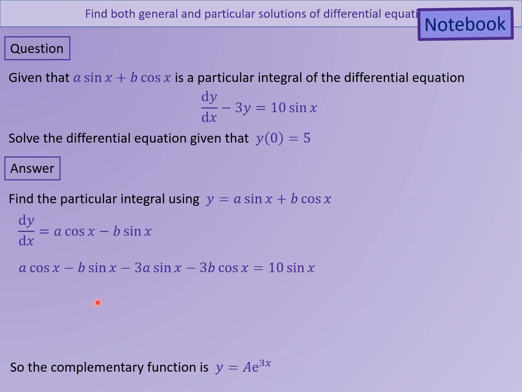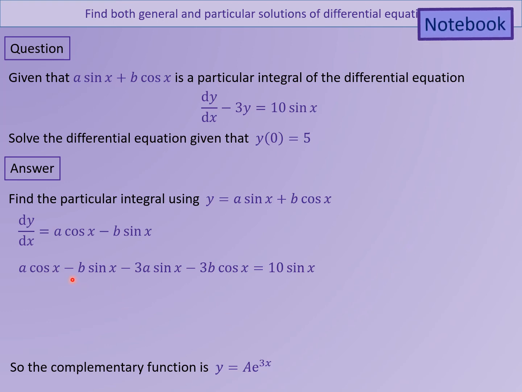So what is my a and my b value? Now, because we're looking at the sines and cosines, what I can do is work out the coefficients of sines and cosines. So I know that, for example, a cos x minus 3b cos x has no cos x's on this side. So in other words, a minus 3b must be equal to 0.